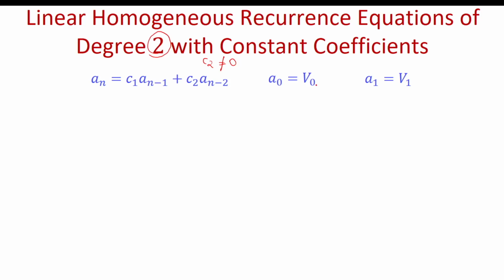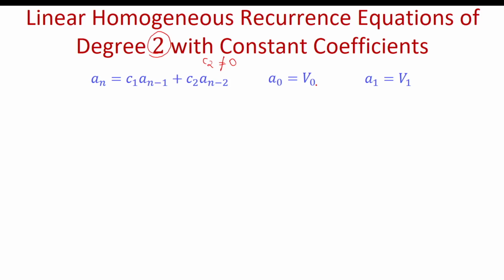And you may or may not be given initial conditions. So again, recall in the last lecture, we discussed that if you are not given initial conditions, then there could be multiple sequences or solutions satisfying the recurrence condition, because since the initial conditions are not given, you are free to put any value as the initial condition.